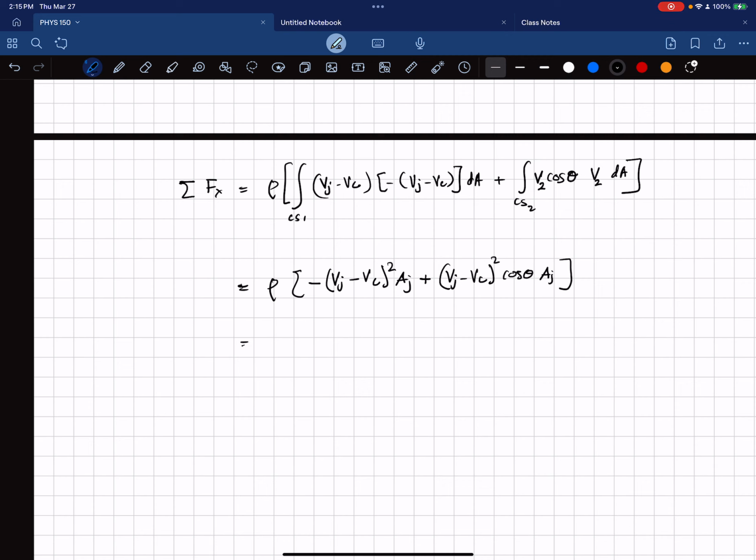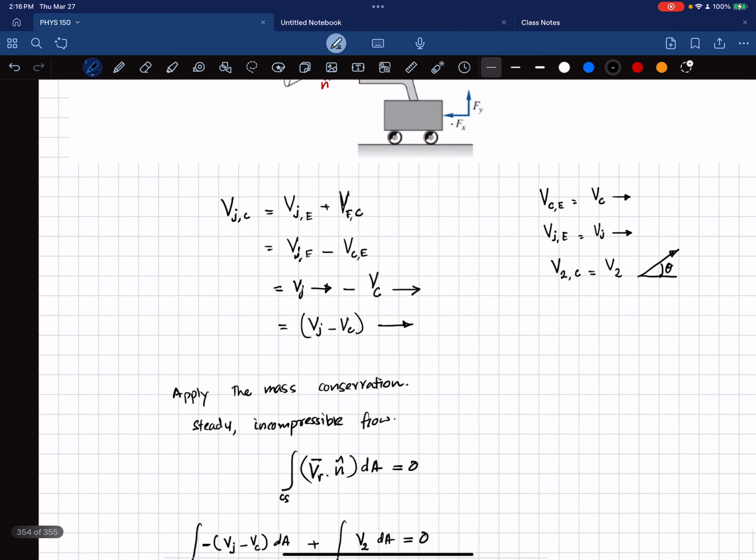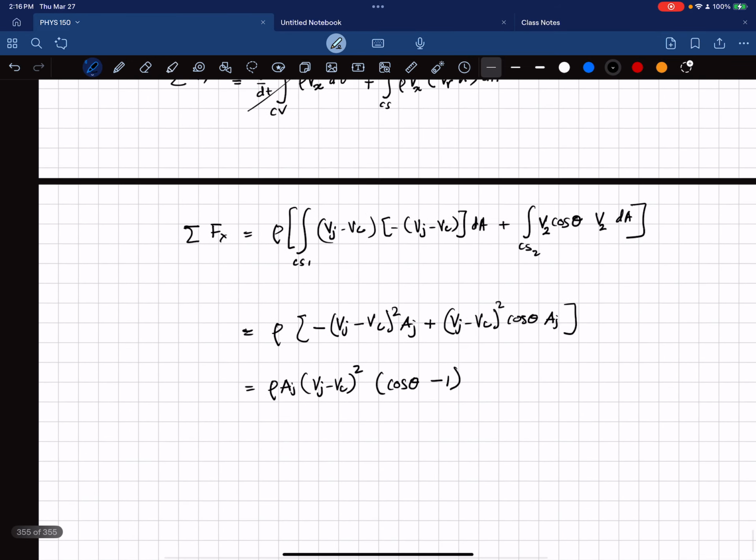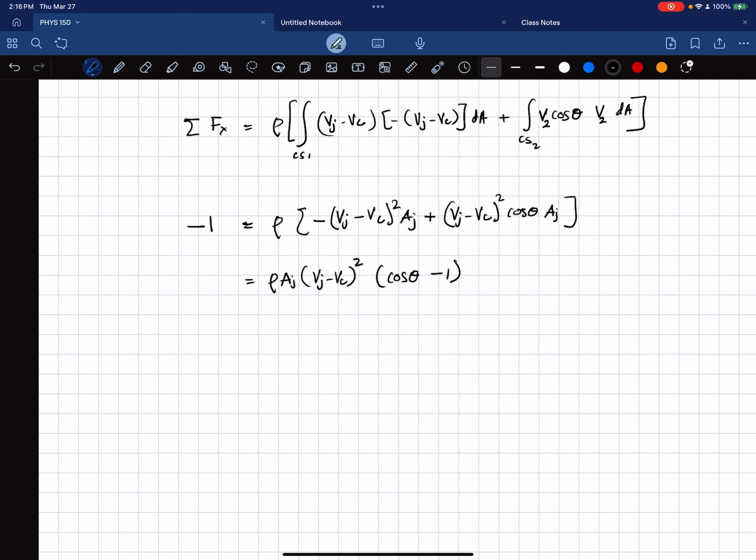And we can write rho can be taken out, Aj can be taken out, and then Vj minus Vc is a common factor, squared. And then we have cosine theta minus 1 inside the parenthesis. And that's equal to sigma Fx, and the only x directional force is negative Fx.